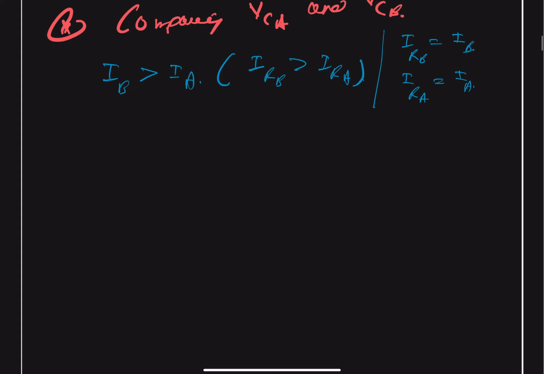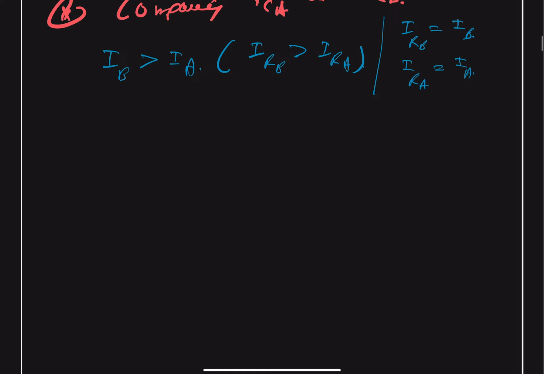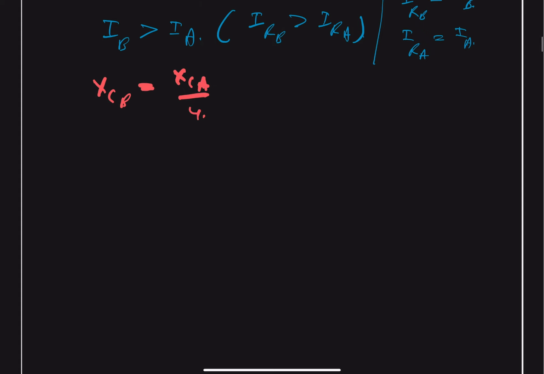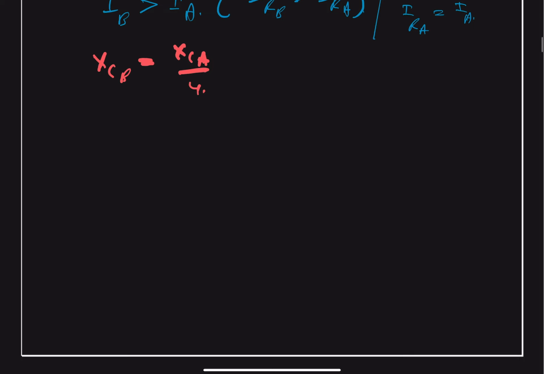And our XCB will also be equal to XCA divided by 4, which we already found out. So the ratio VCB upon VCA will be equal to IB multiplied by XCB divided by IA multiplied by XCA.